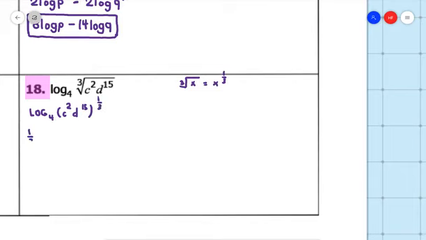We're going to move that 1/3 to the front: 1/3 log base 4 of c squared d to the 15th. We can separate them. 1/3 log base 4 of c squared.